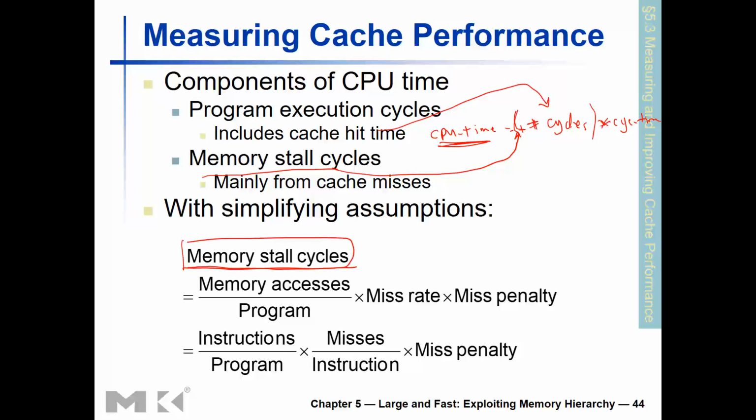In your notes, he's throwing out two formulas here. One says memory accesses per program, multiplied by the miss rate, multiplied by the miss penalty. Okay, makes sense. And then he says this is the instructions per program multiplied by misses per instruction multiplied by the miss penalty.